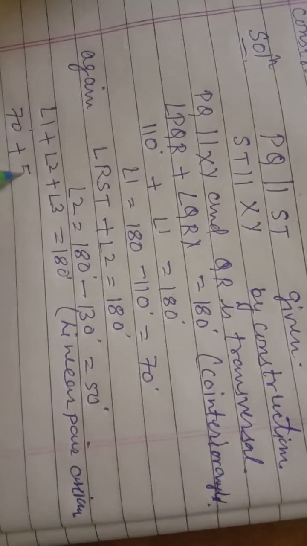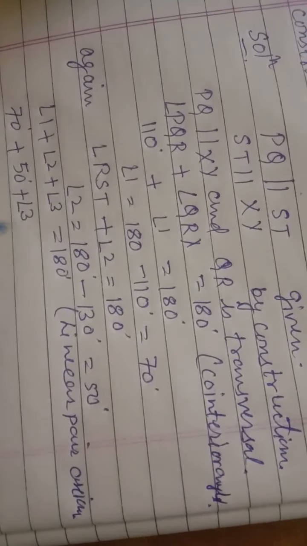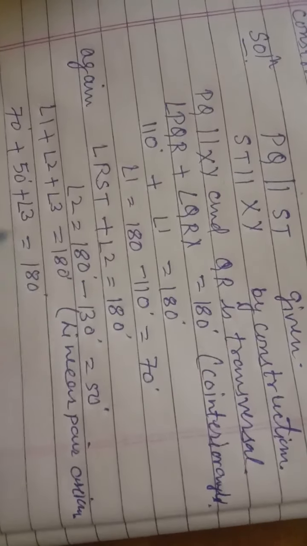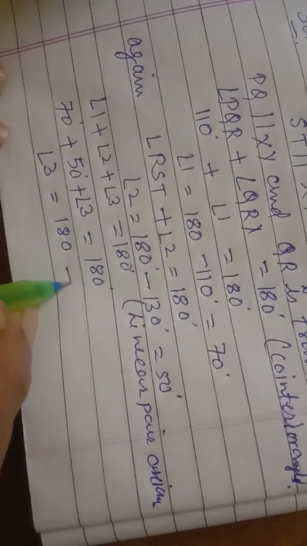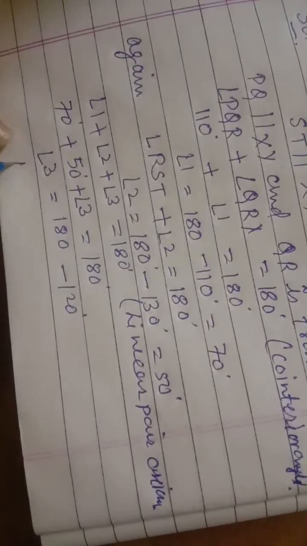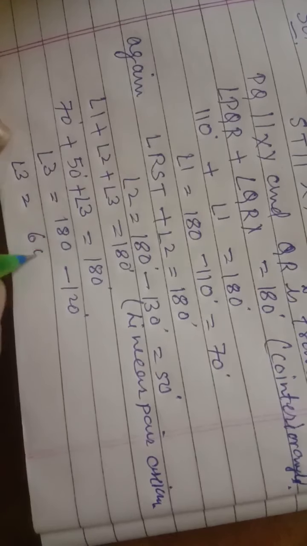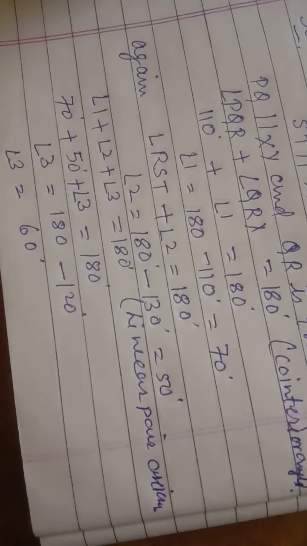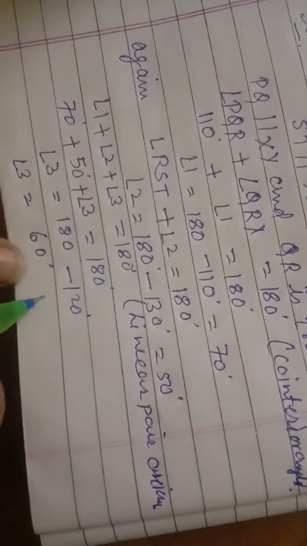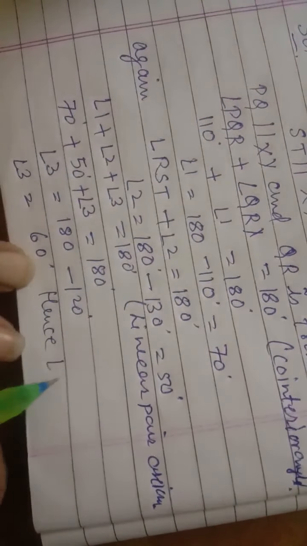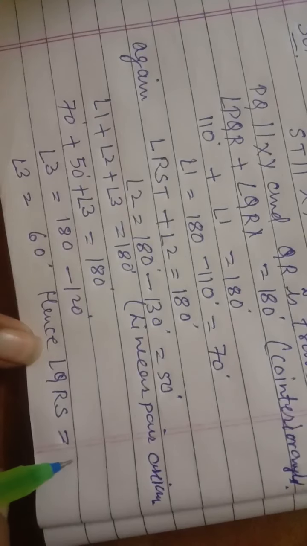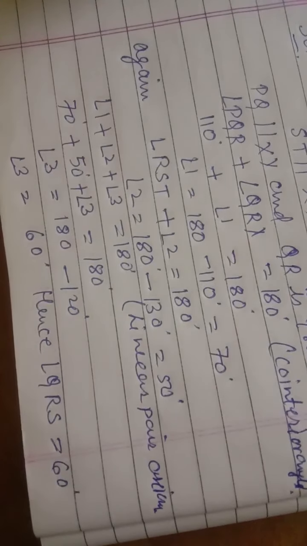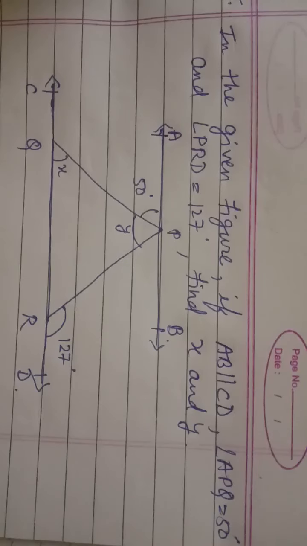Angle 2 is 50 degrees. So we can find angle 3. Angle 3 is equal to 180 minus 120, so angle 3 is equal to 60 degrees. Hence angle QRS is equal to 60 degrees.